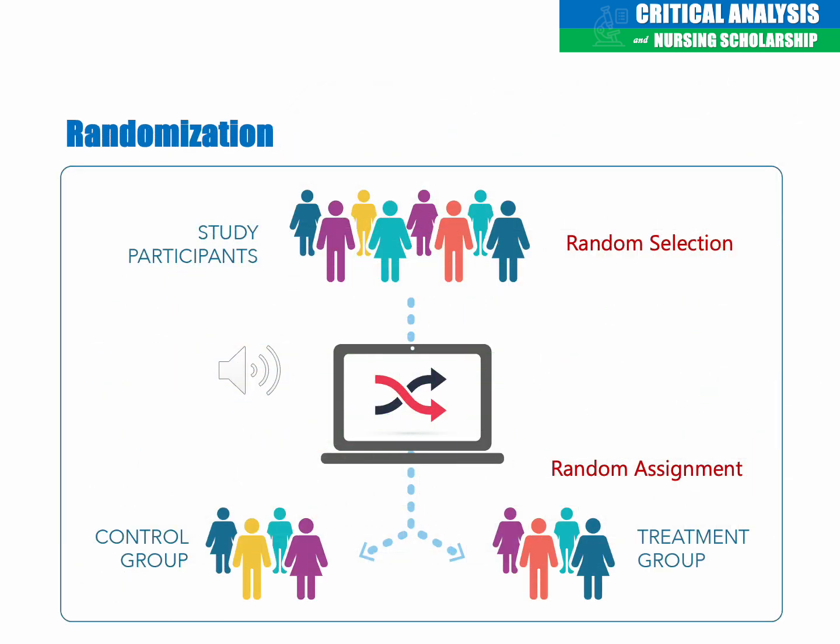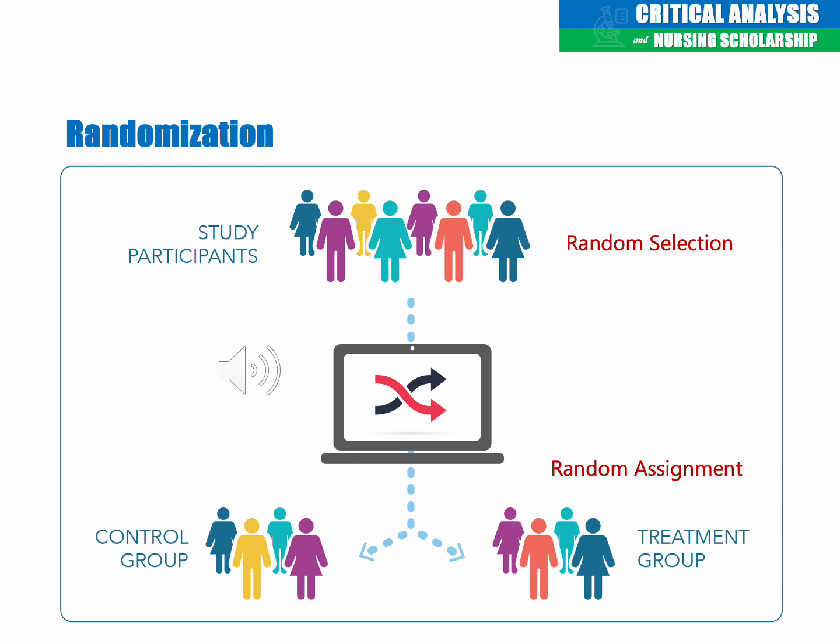First is randomization. A true experimental research design involves randomization. Randomization means assigning participants to different groups, like the experimental group or control group, purely by chance. Now, this process helps ensure that the groups are similar in all respects at the start of the study, including factors we may not even know or measure.